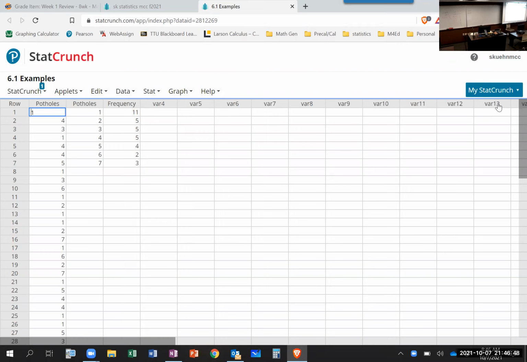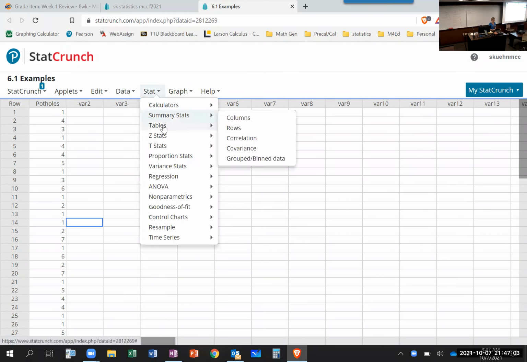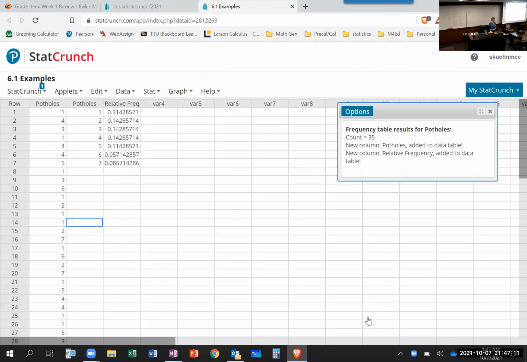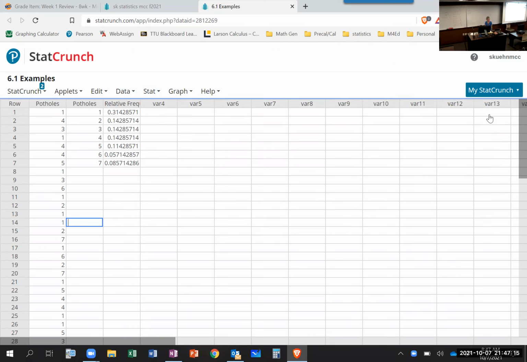A relative frequency table. So in essence, if I have StatCrunch create for me a relative frequency, then I have now created my probability model, haven't I?